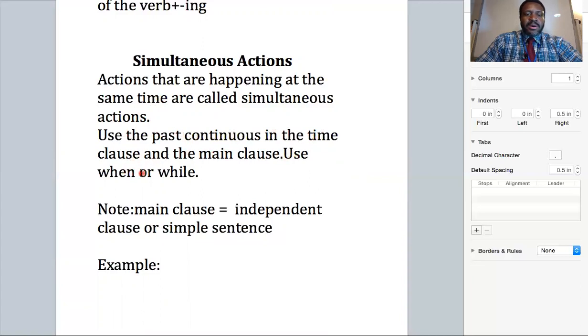Use when or while. Note this, main clause is also called independent clause or simple sentence.